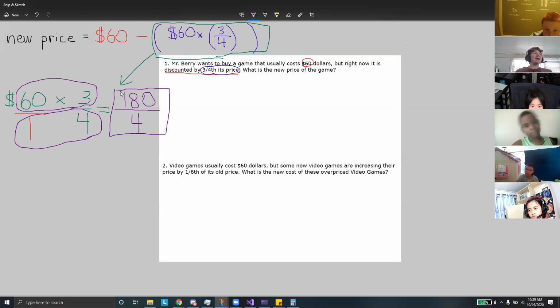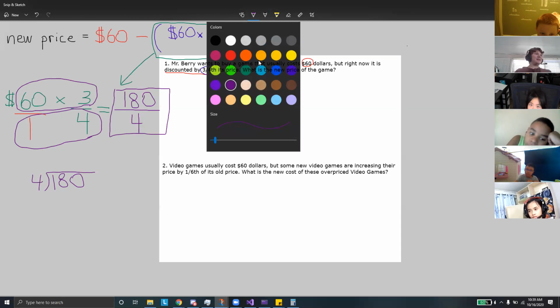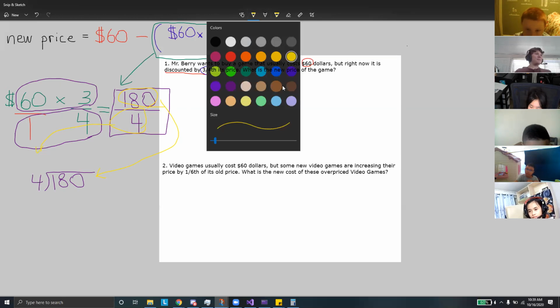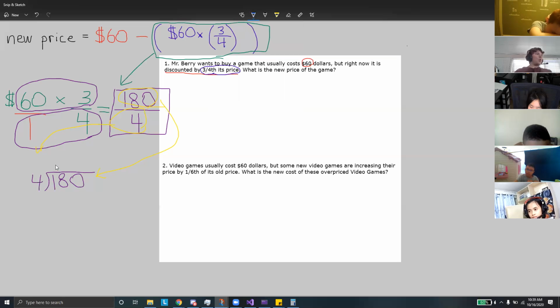So in order to find out what 180 divided by 4 is, we can just write it out. 180 divided by 4. See, the top number goes on the inside. Bottom number goes on the outside. Okay, so 4 goes into 1 0 times. 4 times 0 is 0. 1 minus 0 is 1.